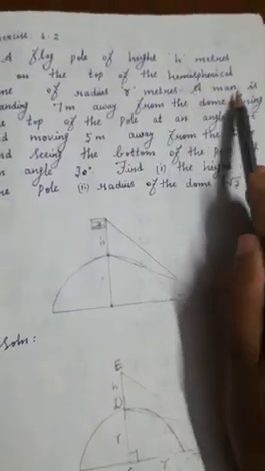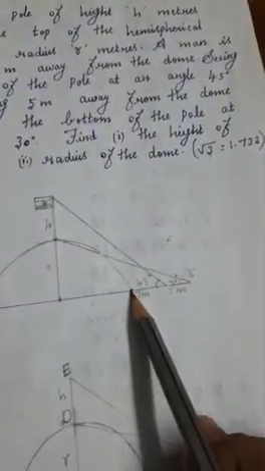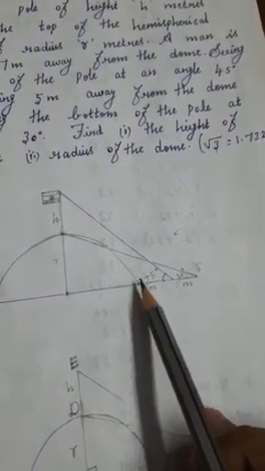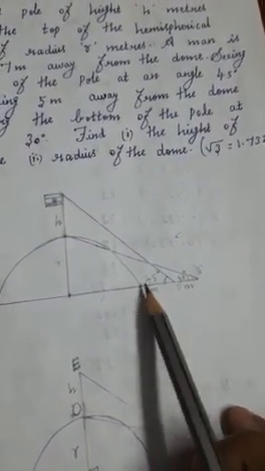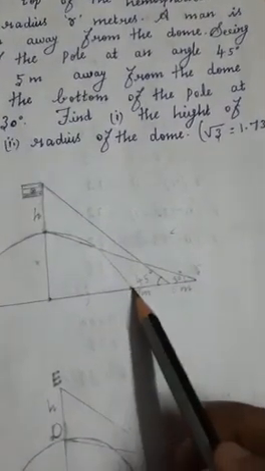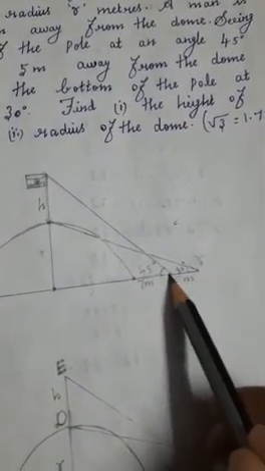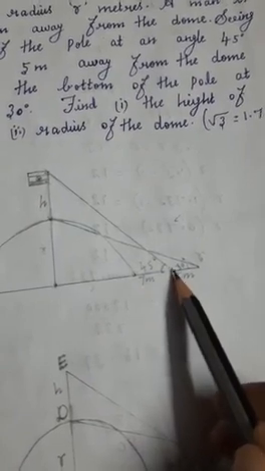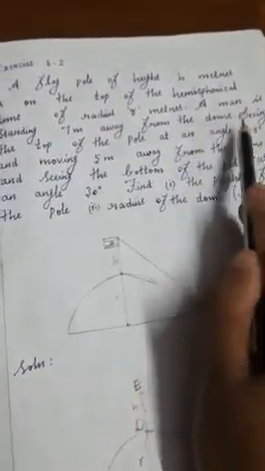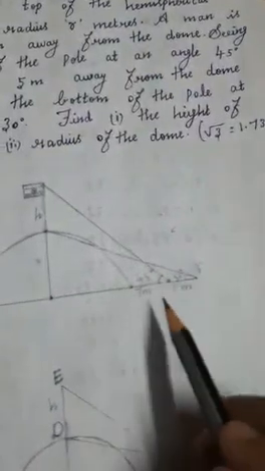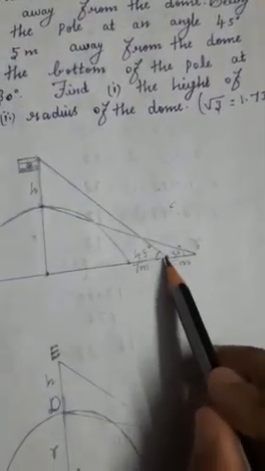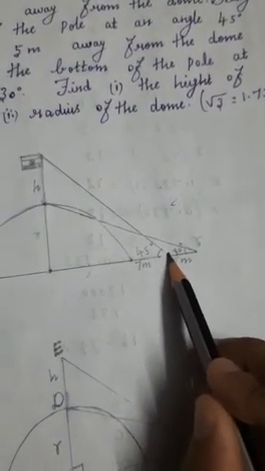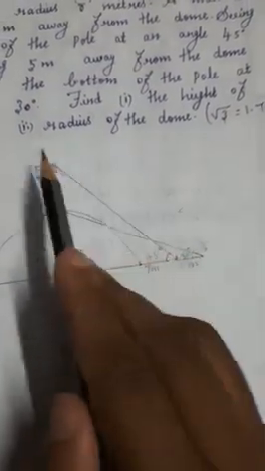Next in our question, a man is standing 7 meter away from the dome. You know that this is the ending of the dome, so from here to here is 7 meter away from the dome, and here the man is standing. Now he is looking at the top of the pole.